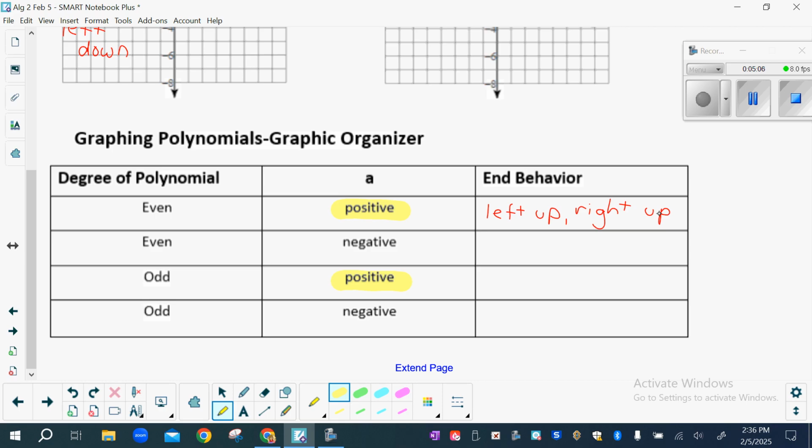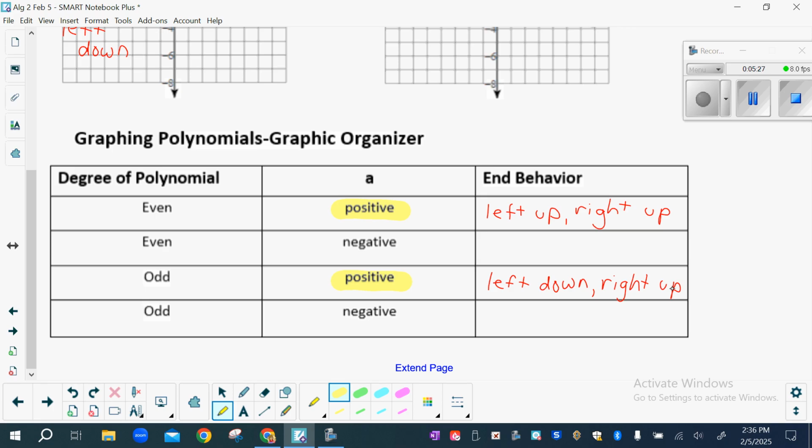What we're going to do today is for an odd degree. And the A is positive, and the end behavior is always going to be left down, right up. Okay, so make sure you have those down.